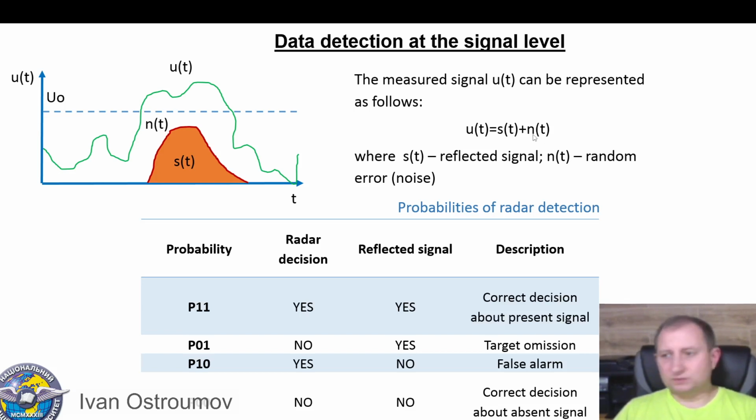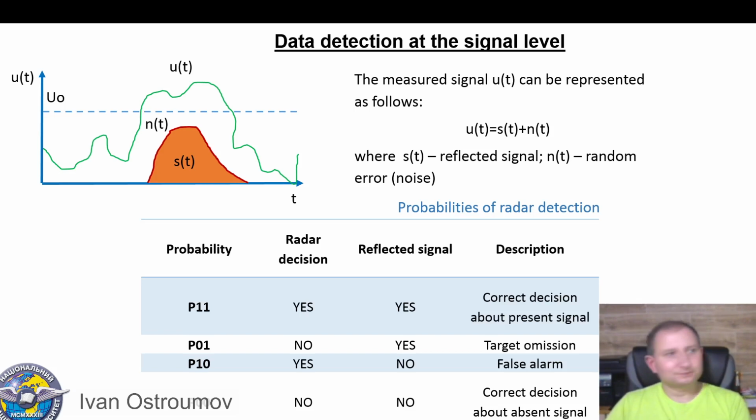Today we will talk about Gauss noise. However, up to now it doesn't matter. At the input of our receiver we've got U, which is like a voltage, equal to the sum of signal, the reflected signal, whose form we don't know, and some noisy component.